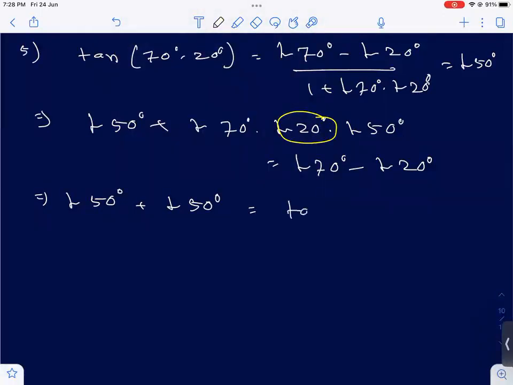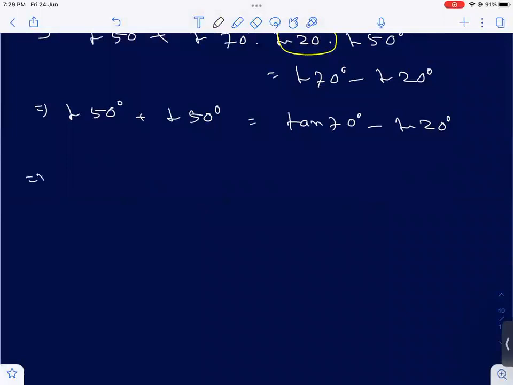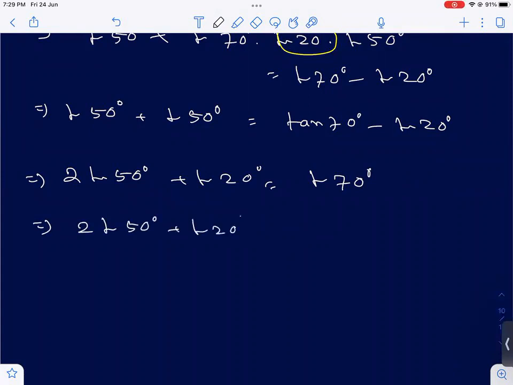This is coming tan 70 minus tan 20. So this is coming to tan 50 plus tan 20 equal to tan 70. Therefore, we can write this as 2 tan 50 plus tan 20 equal to tan 50 plus sec 50.